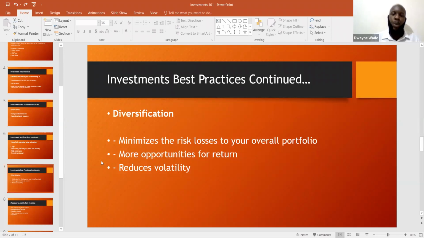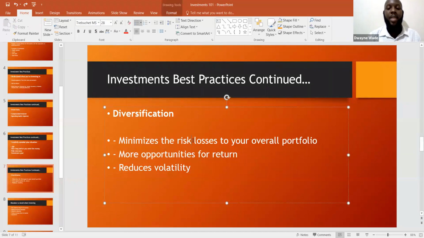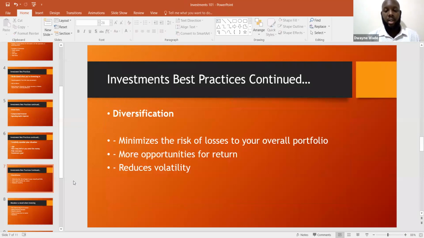Right? So when you diversify your portfolio, you minimize the risk of losses to your overall portfolio, right? And as a result, it reduces volatility and there are more opportunities for returns, more opportunities to earn interest.